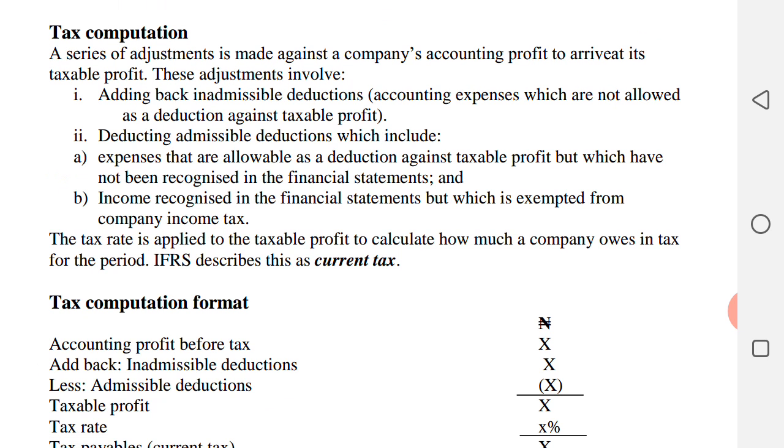That is how they do the tax computation. A series of adjustments is made against a company's accounting profit to arrive at a taxable profit. That means before you multiply your tax rate on the profit before tax, it must be your taxable profit, not your accounting profit.